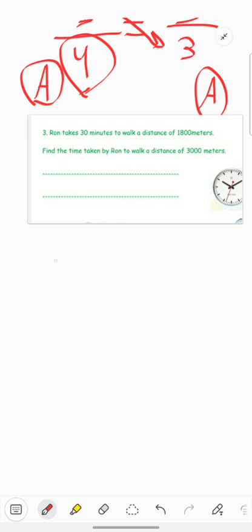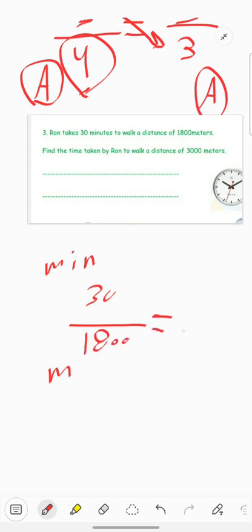You can write it as meters and minutes. It doesn't matter. Okay? So we have a fraction of minutes and meters. The minutes is 30. 30 minutes to walk a distance of 1,800 meters. Again, make a fraction. The numerator is minutes and the denominator is meters.